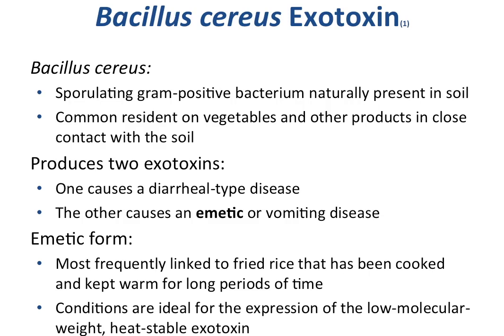Bacillus cereus is a sporulating gram-positive bacteria. It can be found on vegetables and other products.